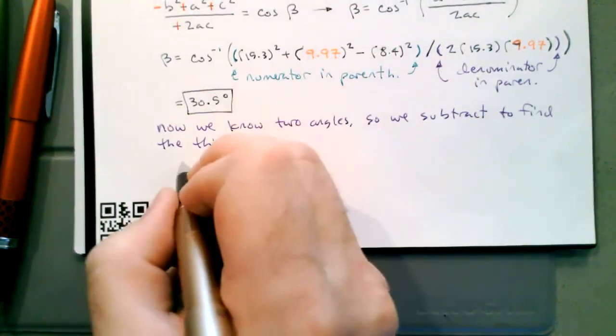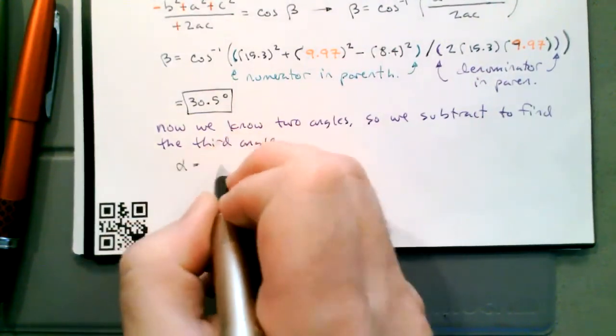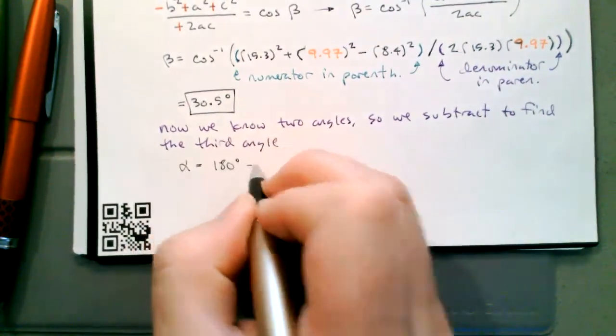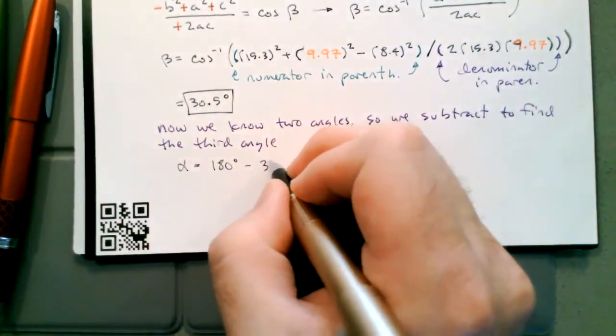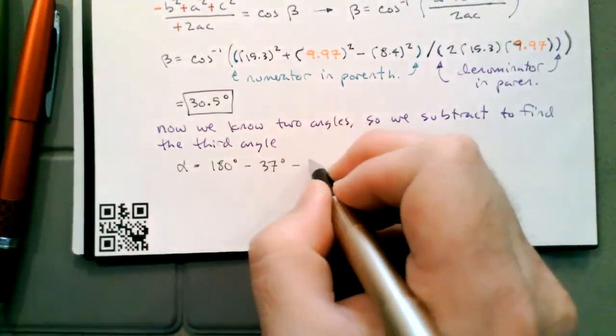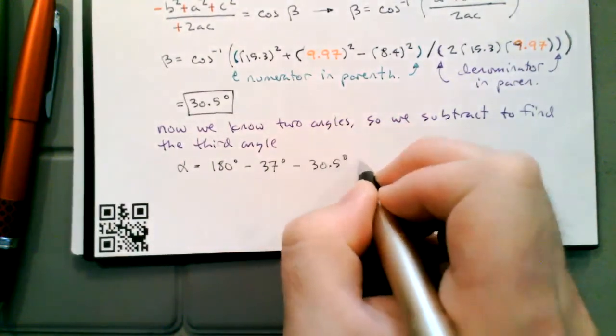So angle alpha is 180 minus the 37 degrees, minus the 30.5 degrees.